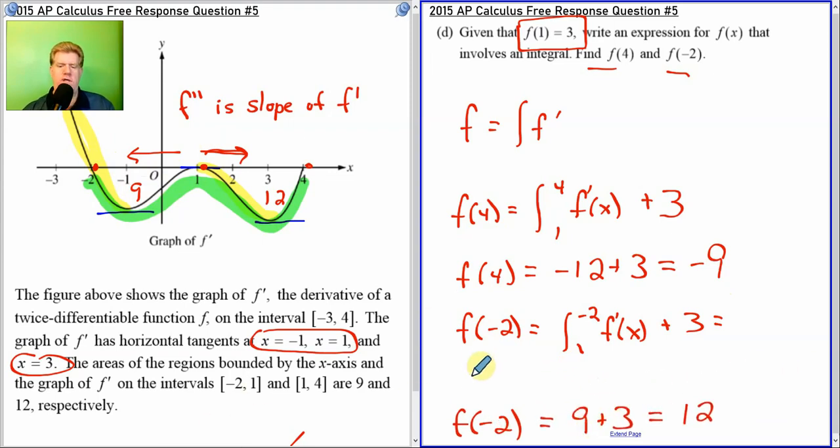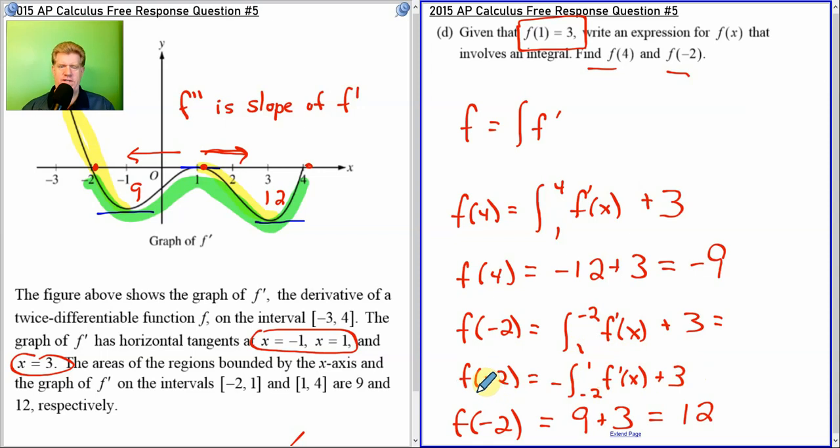What we know is that we usually have the lower number here, don't we? So remember this little identity? If we reverse these and go from negative 2 to 1, I reverse the sign.